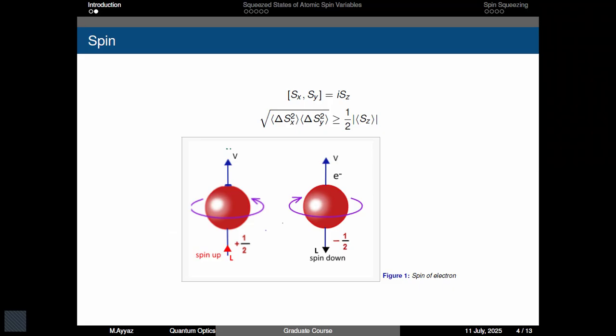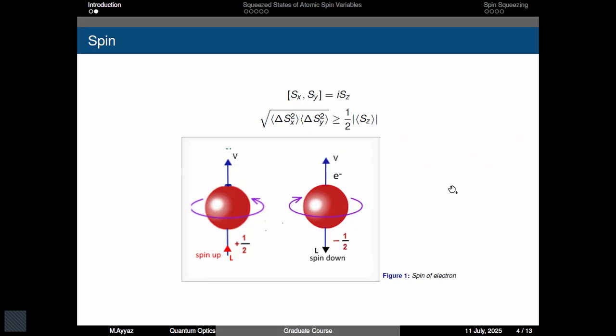So we know that fundamental particles like the electron have an intrinsic property called spin, and you can see in this picture the electron as a spinning top or a spinning ball, and the axis around which it is spinning is regarded as the spin axis, and it shows the direction of spin.